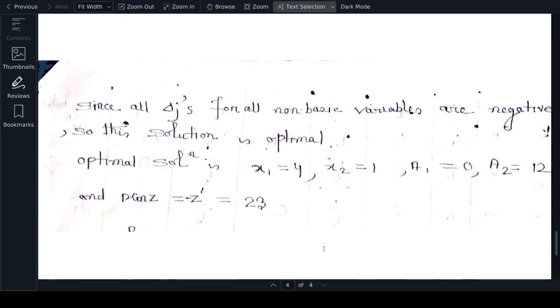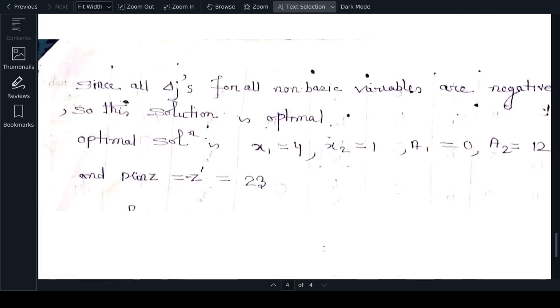Next page, the optimal solution: the original problem contains two variables, so X1 equals 4 and X2 equals 1. No need to write A1, A2. I have written A1, A2 here, but you will not write them.